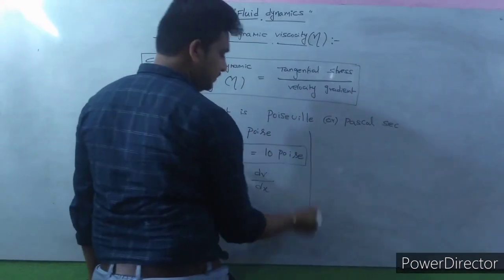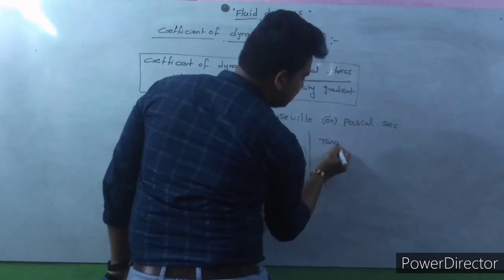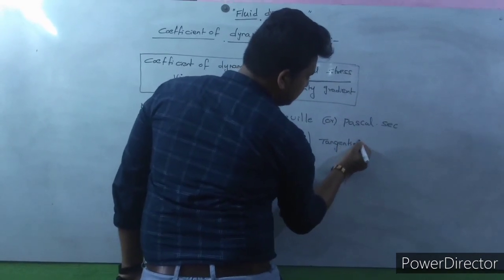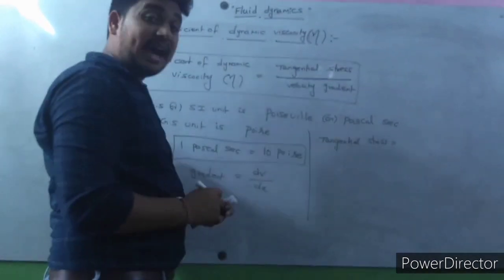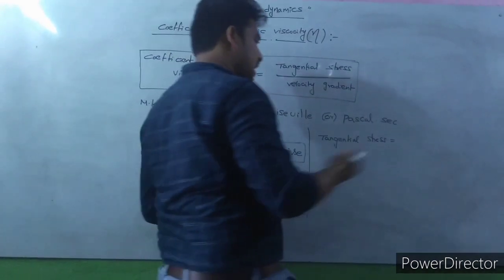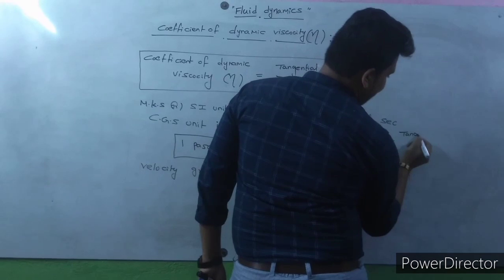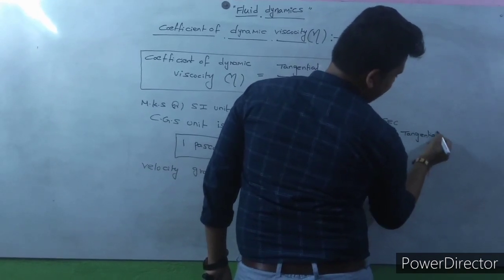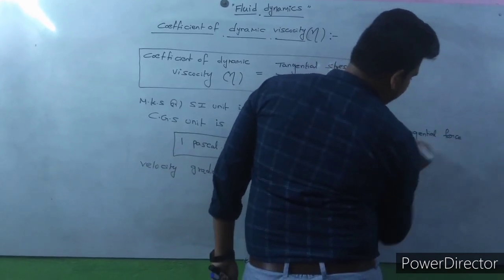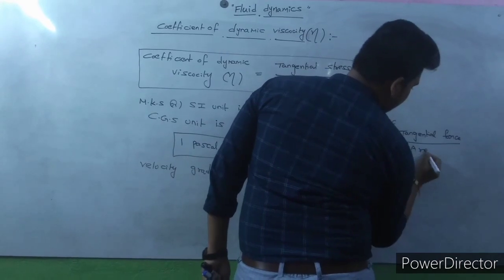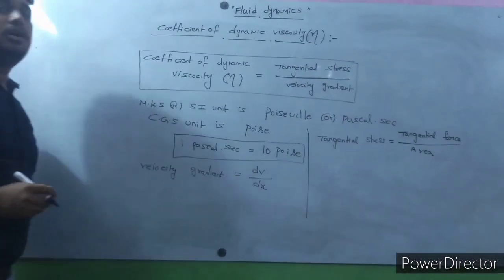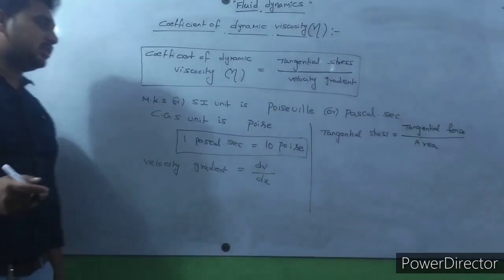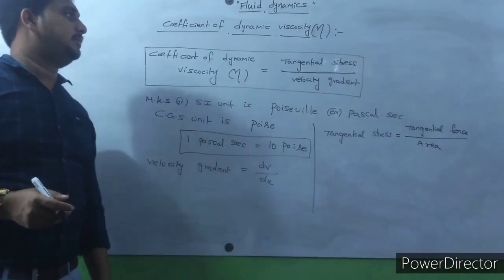Tangential stress means tangential force by area. So this is about coefficient of dynamic viscosity and its units.